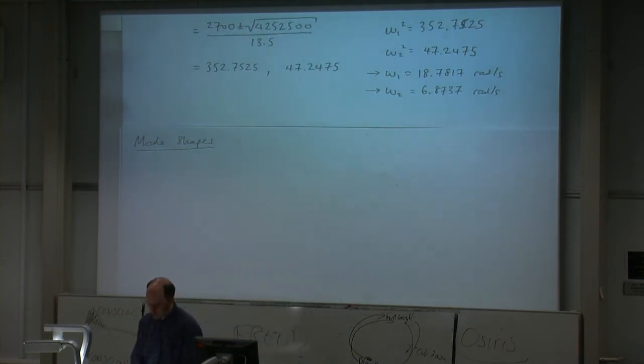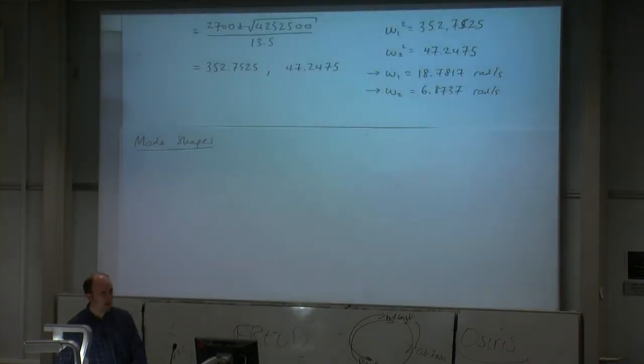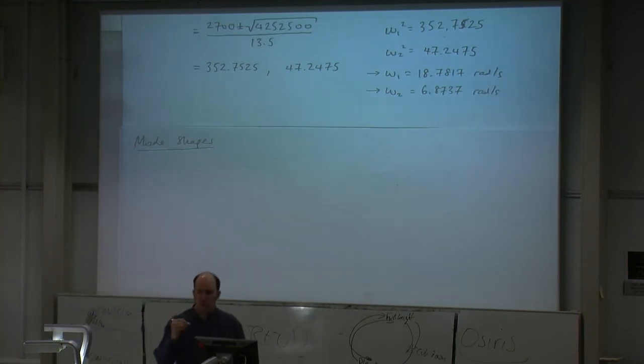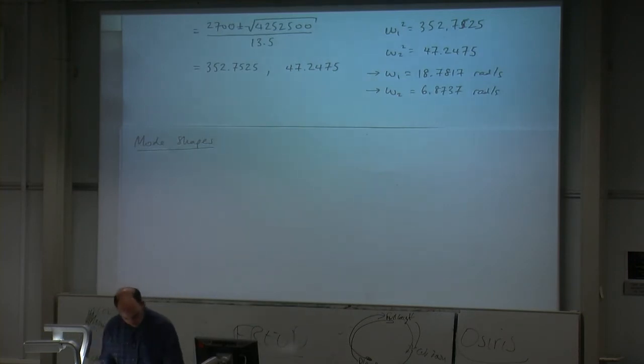Now for the mode shapes, we have to go back to our KD, our mechanical impedance matrix, and plug in our values for omega 1 and omega 2 and solve for that mode shape. Okay? So let's write the mechanical impedance matrix out.